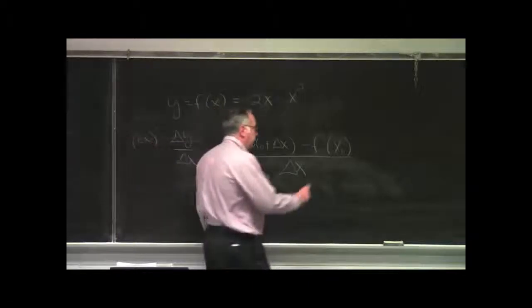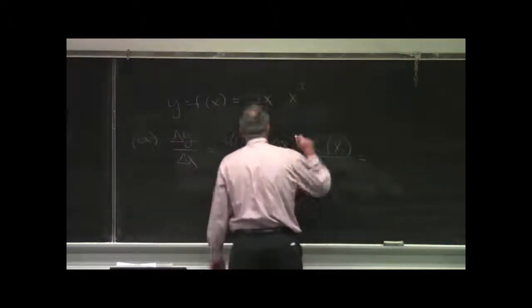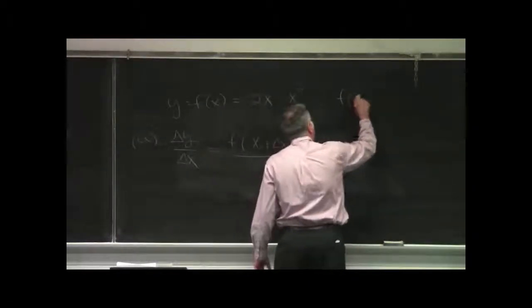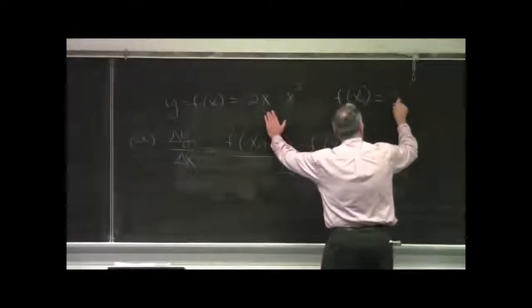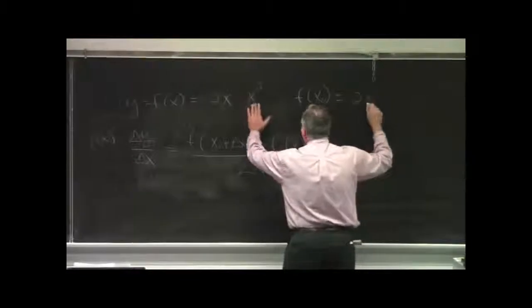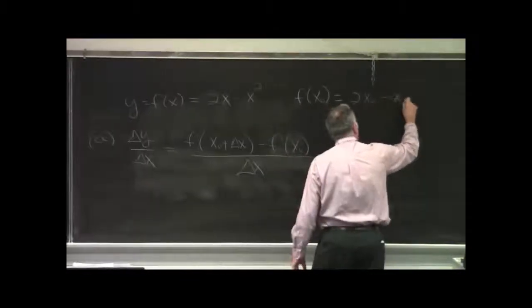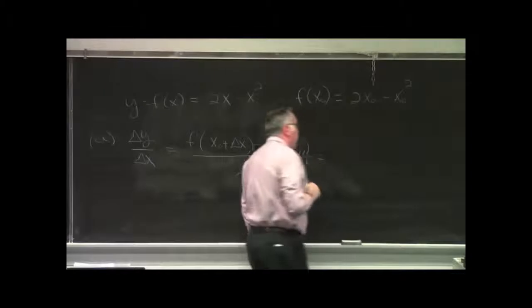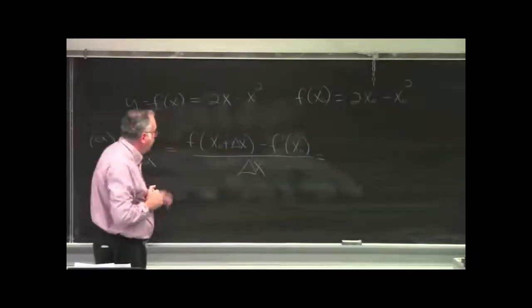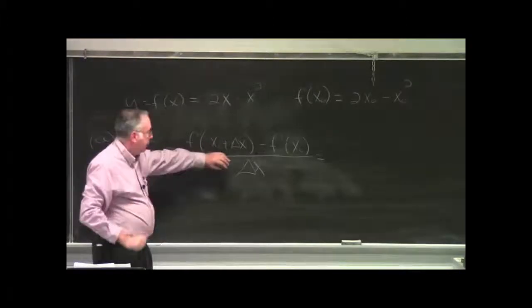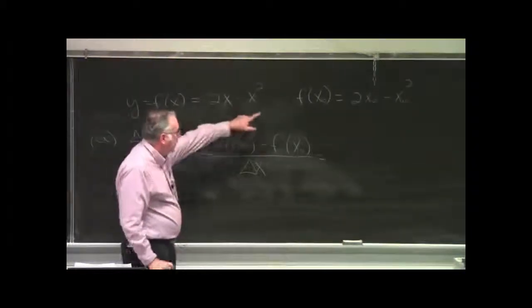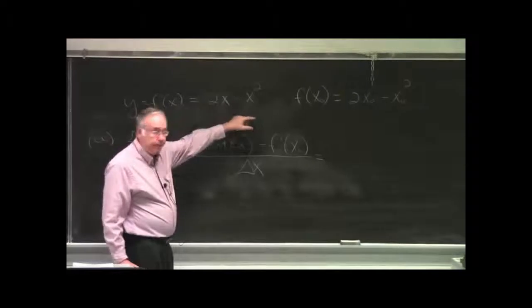So what is f evaluated at x sub 0? That one's easy. It's just 2x sub 0 minus x sub 0 squared. And what is f evaluated at x sub 0 plus delta x? Well, you just substitute this wherever you see x in this formula.